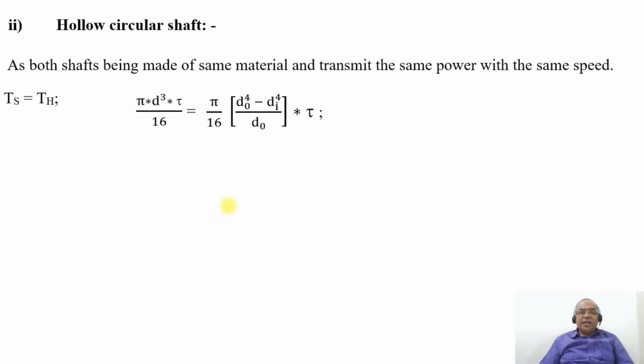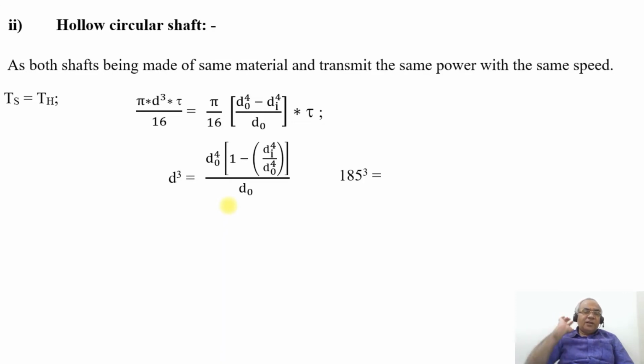As the material is the same, the shear stress cancels, and pi by 16 on both the left-hand side and the right-hand side also cancels. Therefore, d cube will be equal to d naught to the power of 4 into 1 minus di by d naught whole to the power of 4, divided by d naught.